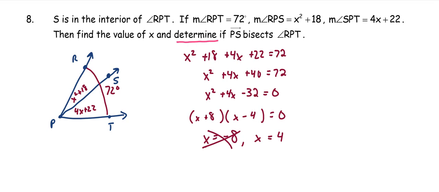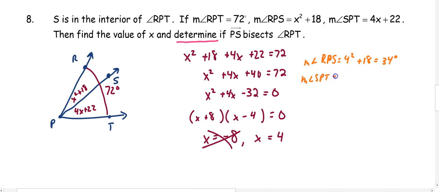So now I need to know if PS bisects the angle. So what I want to do is find the measure of RPS, which is 4 squared plus 18, which gets us 34 degrees. And I need the measure of SPT, which is 38 degrees.